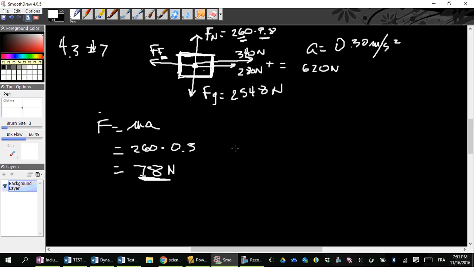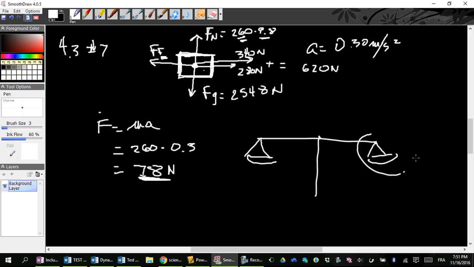Okay, 78, so 620, right? Look at it as, okay, this is big. I didn't want it big like that. Look at it as simply a balance, right? So this here has to be pushing down by 78, basically. Right? It has to be stronger than this one by 78.